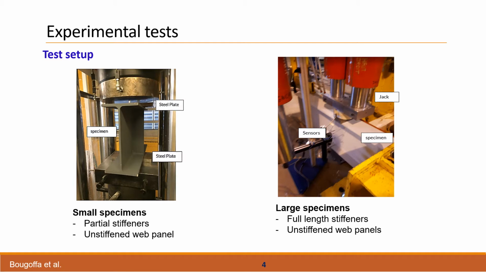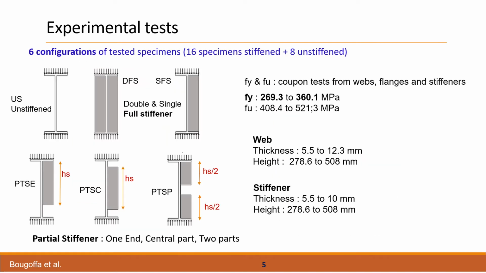They are unstiffened or fully stiffened with double stiffeners. The measurement concerned the load, the vertical displacement, and the out-of-plane displacement on the web panel, mainly for the large specimens. The specimens of the 2 campaigns are defined in this figure.